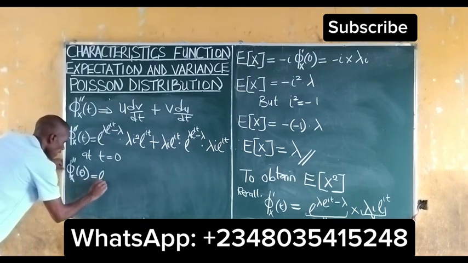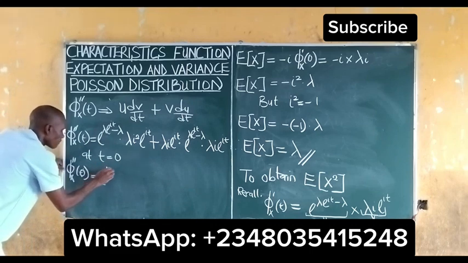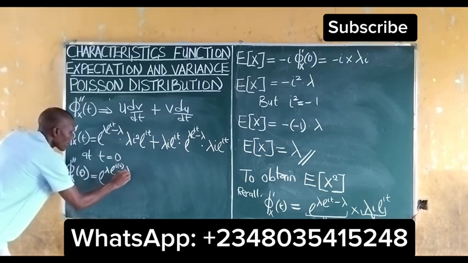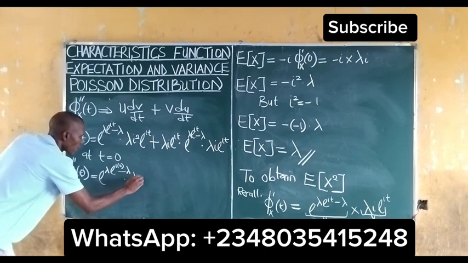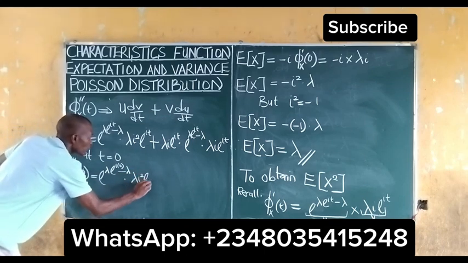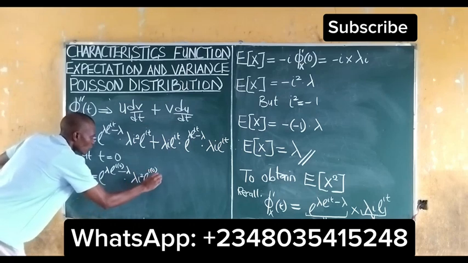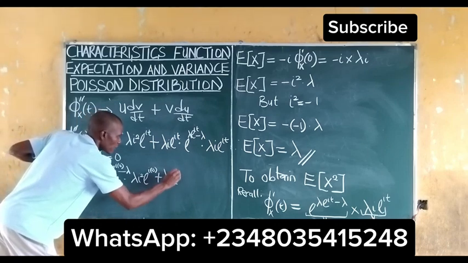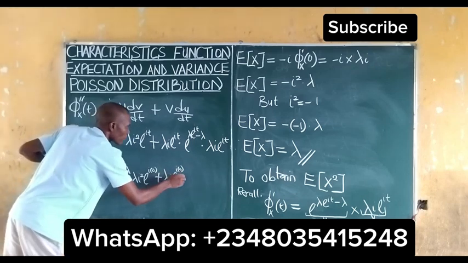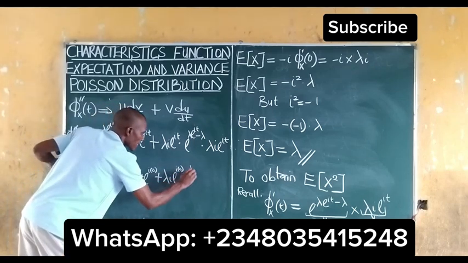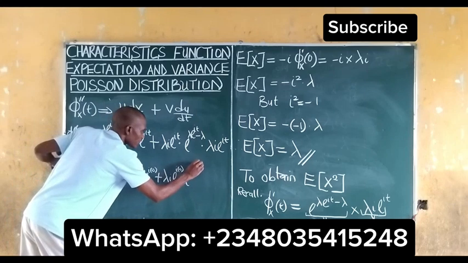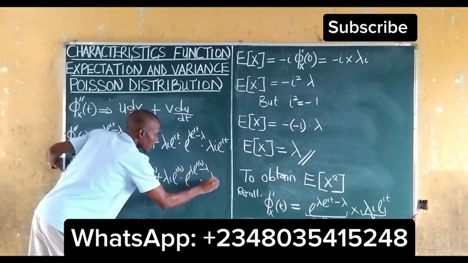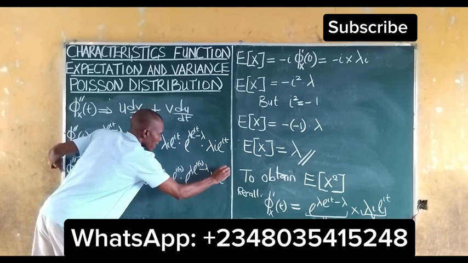So we have that our exponential value, lambda e^(i0) minus lambda, multiplied by lambda i squared e^(i0), plus lambda i e^(i0) multiplied by exponential lambda e^(i0) minus lambda multiplied by lambda i e^(i0).